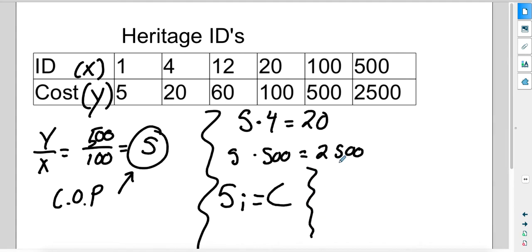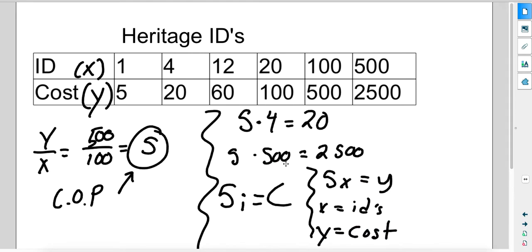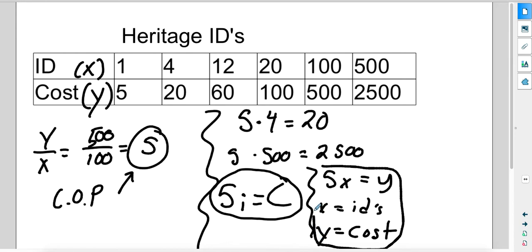Or if I wanted to use x and y's, I could say 5x equals y, where x is the number of IDs and y is the cost. So this would be sufficient for your final answer for an equation, or this, including what x and y stand for, would be sufficient for your equation.